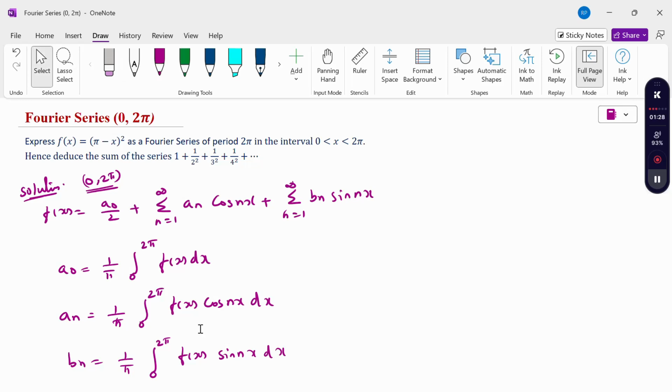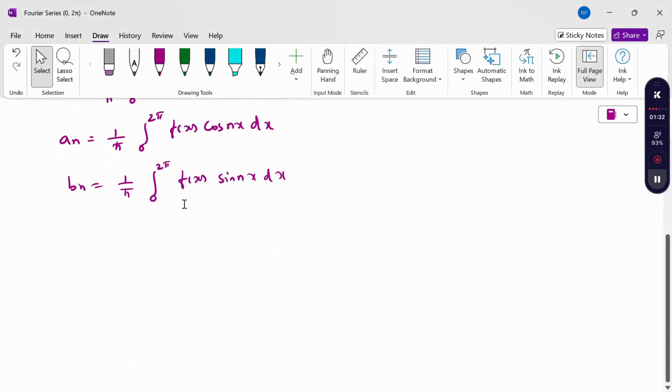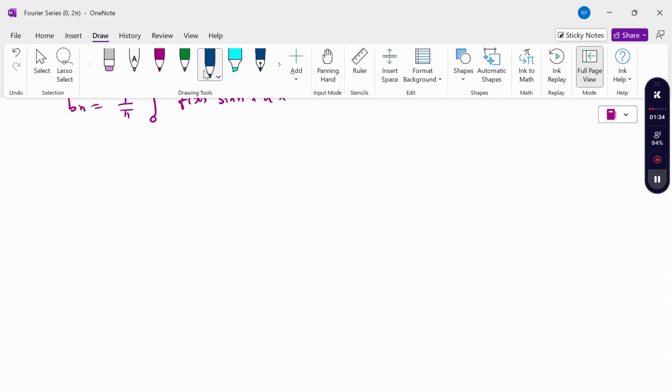Now the function f of x is given as (pi minus x) whole square. So a naught is 1 by pi integral 0 to 2 pi f of x dx.